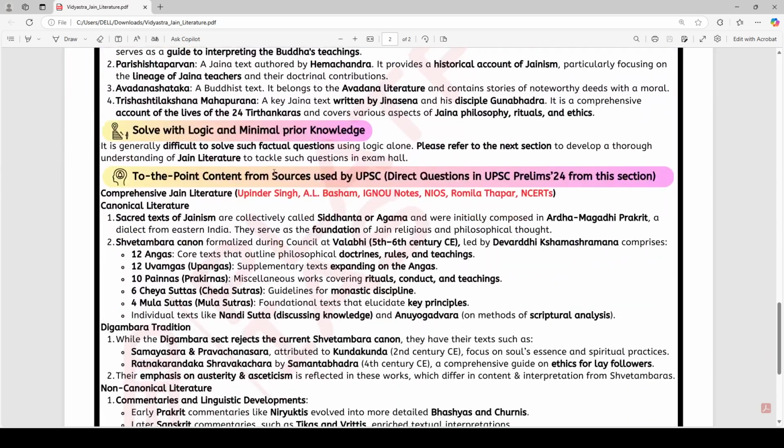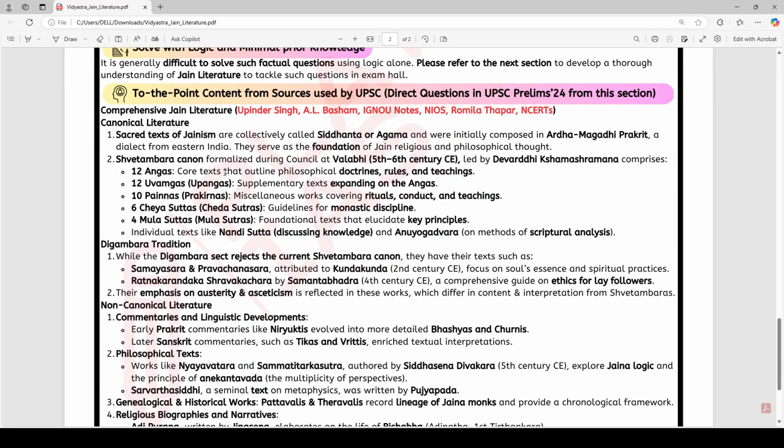So now let us start comprehensive Jain literature from Upinder Singh, A.L. Basham, IGNOU notes, NIOS, Romila Thapar and NCERTs. First, before I start the Jain literature, let me give you a brief about any religious literature. You need to understand that in any religion, the texts are in different parts. There is one canonical literature that forms the foundation. Then there are subtexts or different types of texts.